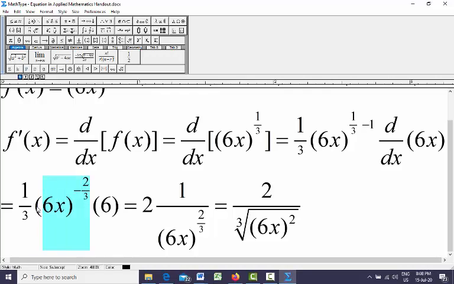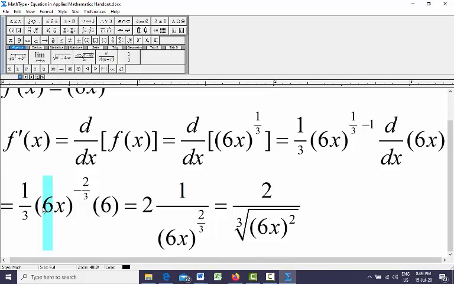This 6x is not alone. This 6x is locked by this power. So that means you cannot multiply this 6 with this 6.